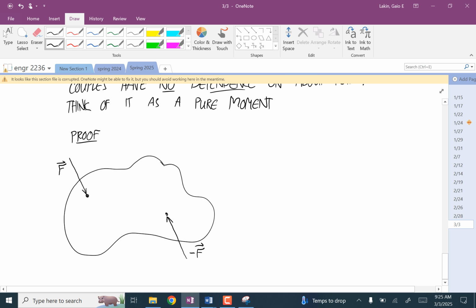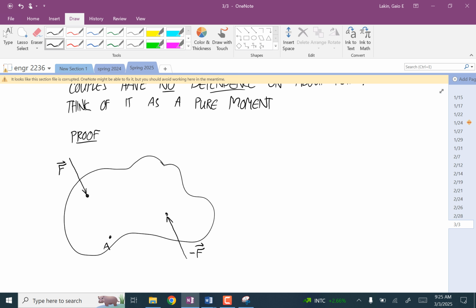And I'm going to choose an about point to start with. And what we're going to see is that the dependence on this about point disappears from the calculation. And what that says is, doesn't matter where we put the about point, the answer is the same.